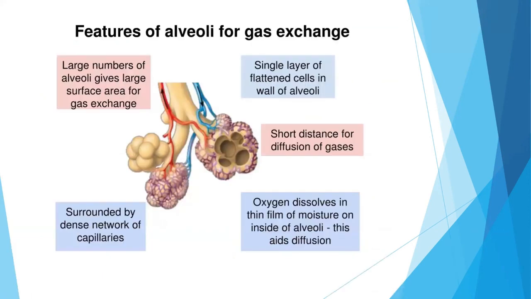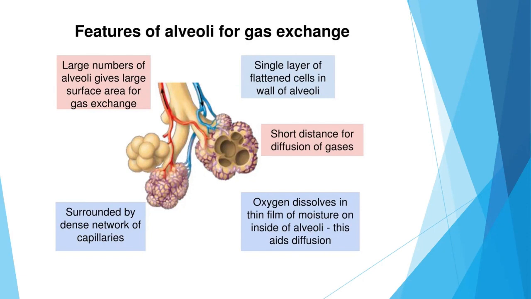Now, there are some typical features of alveolar gas exchange. A large number of alveoli gives a large surface area for gas exchange. A single layer of flattened cells in the alveoli helps in the diffusion of gases. The oxygen dissolves in a thin film of moisture on the inside of the alveoli.